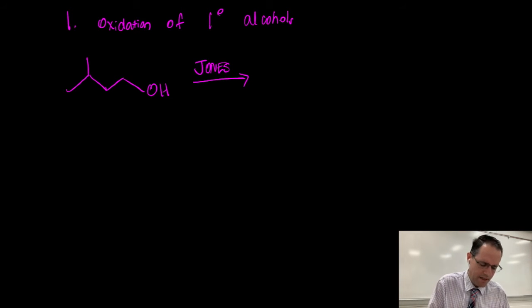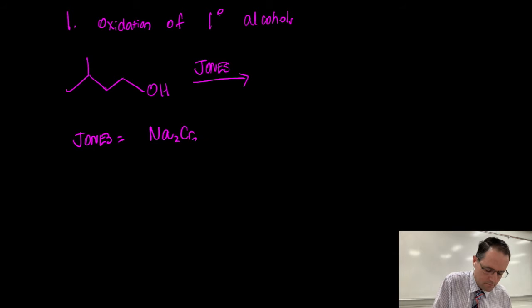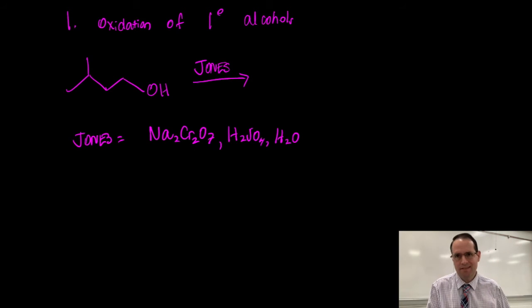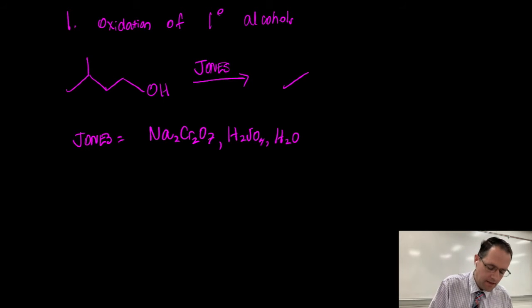There are different ways of writing this. That's sodium dichromate, sulfuric acid, water, and there's also some acetone in there to help dissolve the organic compound you're trying to oxidize. What you form from this Jones reaction is a carboxylic acid.